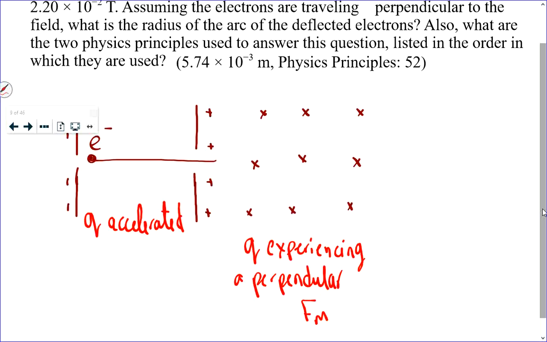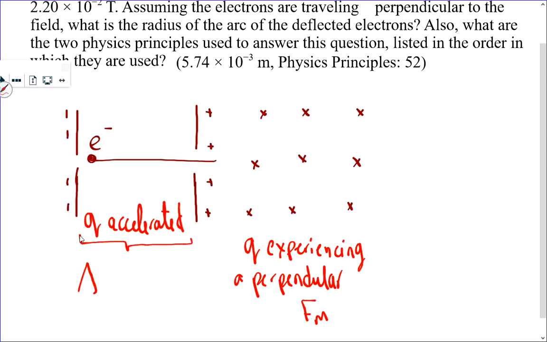Okay? And we have formulas to describe what's going on over here, and we also have formulas to describe what's going on over here. When we have a charged particle that is accelerated by a potential difference, what we can do is apply our formula for potential difference, which is potential difference equals change in energy over charge. And in a moment, that energy is going to become 1/2 mv squared in my written work.